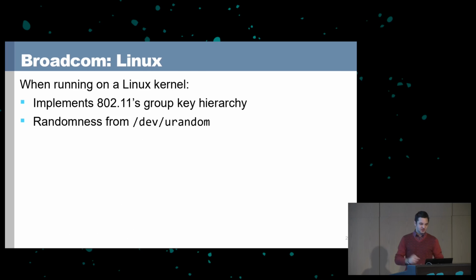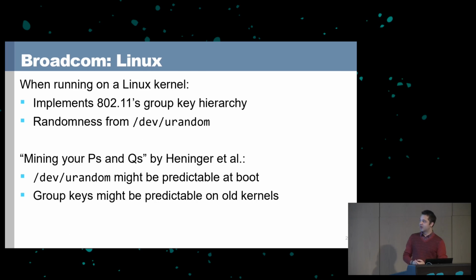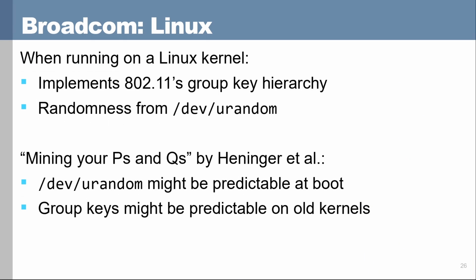However, a few years ago, there was a paper called Mining Your Ps and Qs by Heninger et al. And they showed that specifically on embedded devices and on older Linux kernels, /dev/urandom might be predictable. So this means that on certain devices, /dev/urandom is predictable, and in turn, all the group keys might be predictable as well.